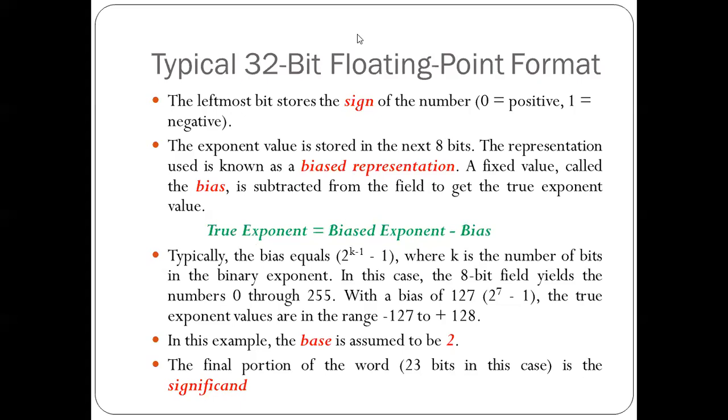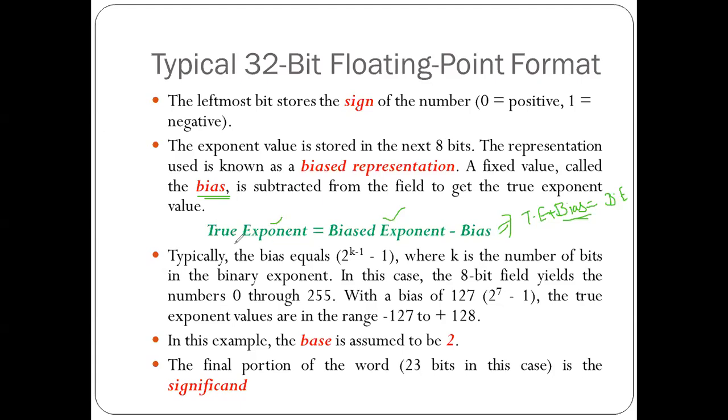You can write the equation in another way: true exponent plus bias gives you biased exponent. What is bias? It is a fixed value which has to be subtracted from the biased exponent to get your true exponent.